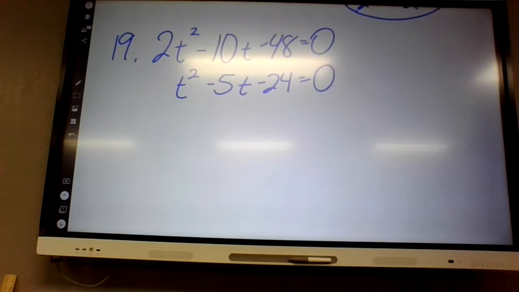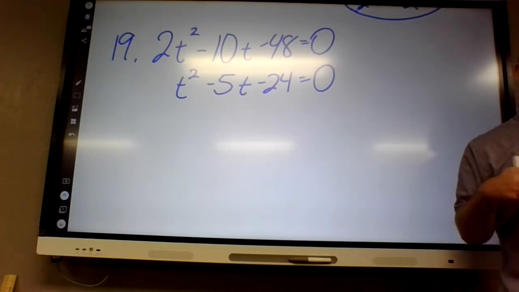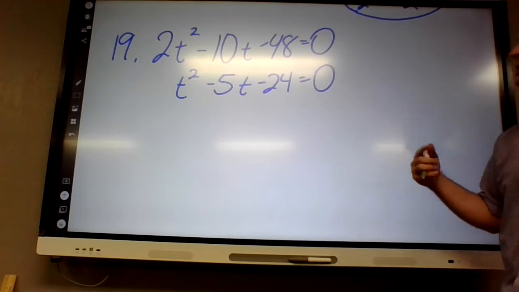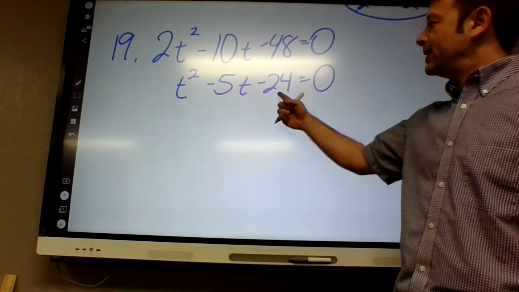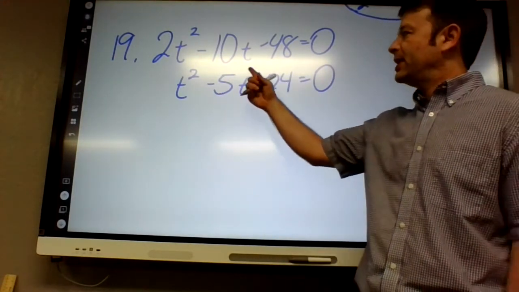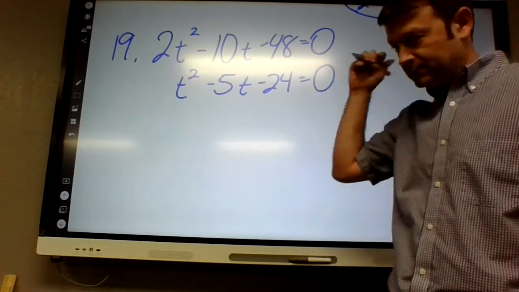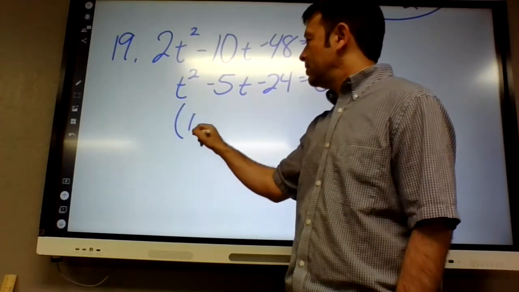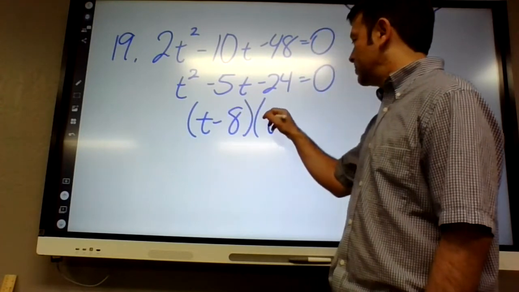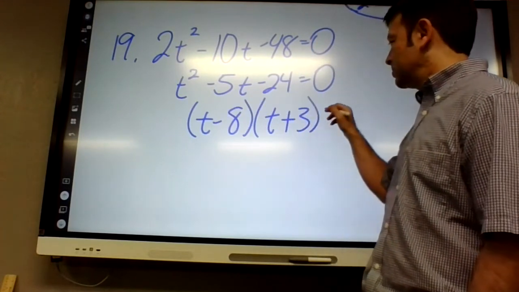Now it's easier to factor if it is factorable because it's just a t squared. The quadratic term has just a 1 coefficient. What multiplies into negative 24 that adds up to negative 5? Negative 8 and positive 3.